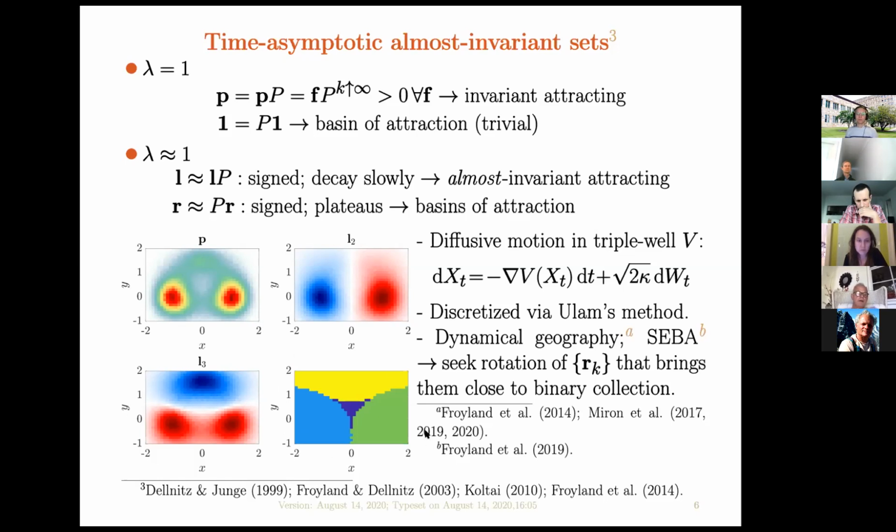What I'm plotting here are the basins of attraction of each of these three almost invariant sets, by putting together the corresponding right eigenvectors using SEBA, introduced by Gary, which seeks a rotation of a collection of eigenvectors that brings them close to a binary collection. Because we are trying to identify these plateaus, we can use clustering algorithms to do that.